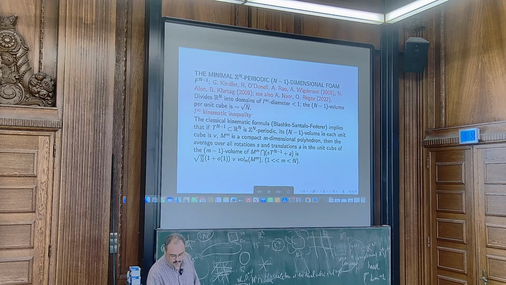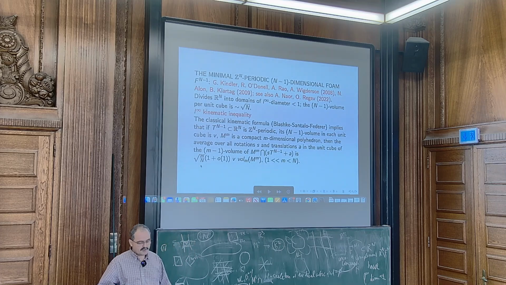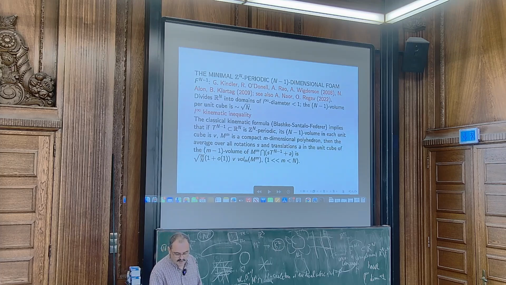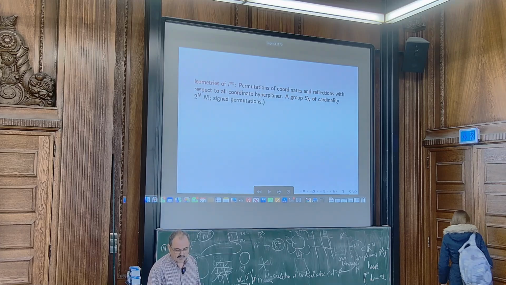Here is what is important: it is V times the volume times square root of m divided by n. So this scary dimension capital N will be in the denominator, and that's very good for us, but that's not the L infinity kinematic inequality. We really would like to do something like that for the L infinity kinematic inequality.